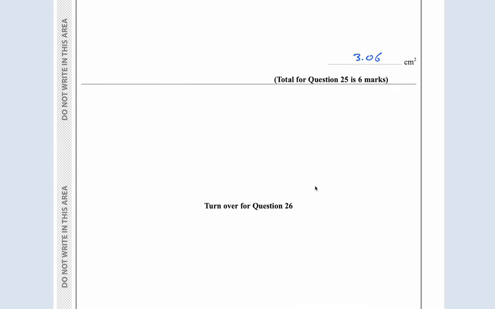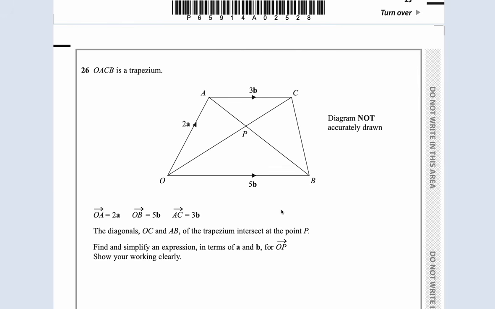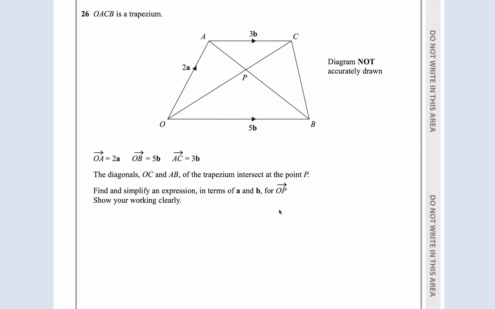Okay, last question, I believe, and it's vectors. When the last question is vectors, you know it's going to be challenging. So we have this given, a trapezium intersected at P. Find and simplify an expression in terms of a and b for OP. So we're trying to find OP. Okay.